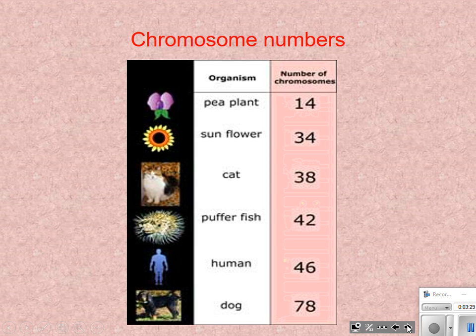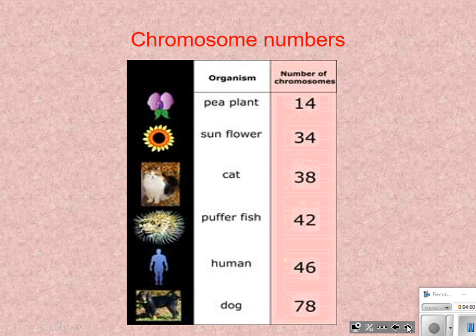Those are diploid numbers. So what would the haploid of the pea plant be? What is it? 7, right? It is 1/2 of the diploid. Remember, diploid is 2N, haploid is N. So the pea plant, the haploid, the gametes would be 7. What about the cat?